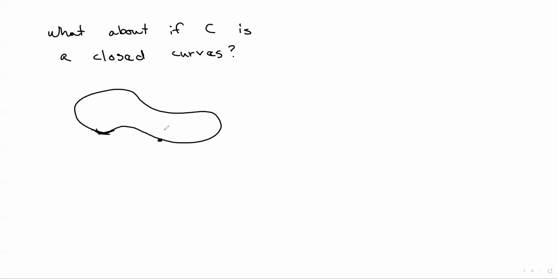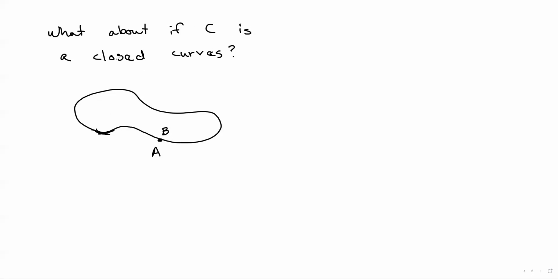You pick some spot here, the beginning point is A and the ending point is B, and those are the same point. So you start here, you trace around and you trace your way right back. If we started at A, we ended at A. So A and B are the same.